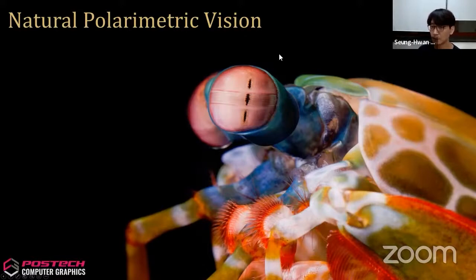Here is an example, the popular mantis shrimp, that can distinguish light with different polarization states. The reason they have developed this capability is that sensing polarization could be helpful for their living, right?